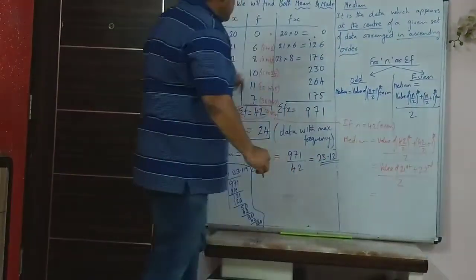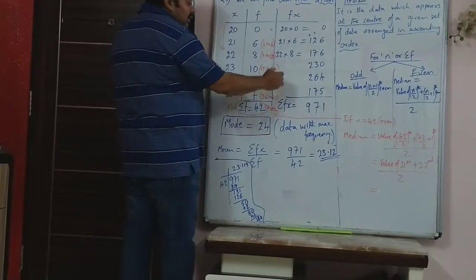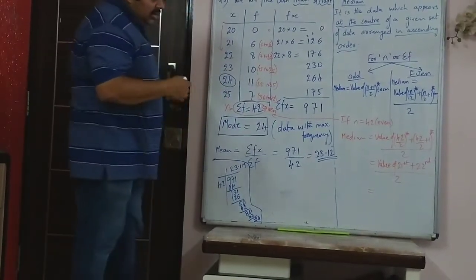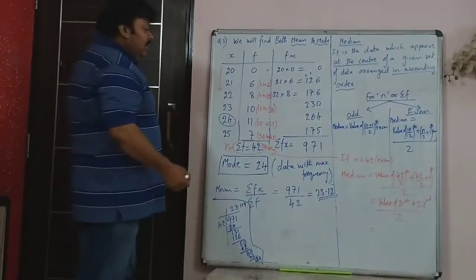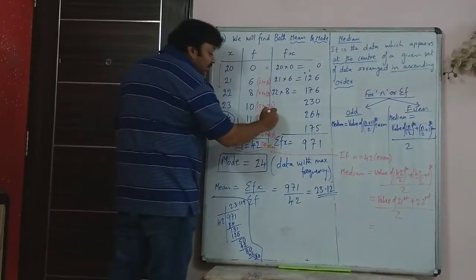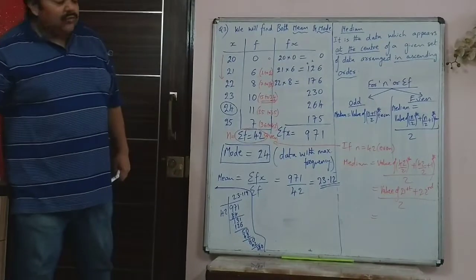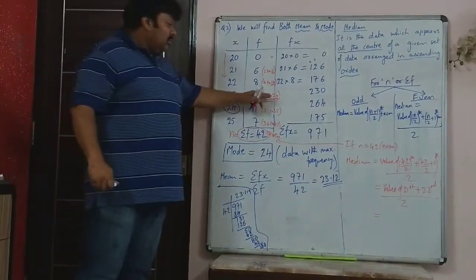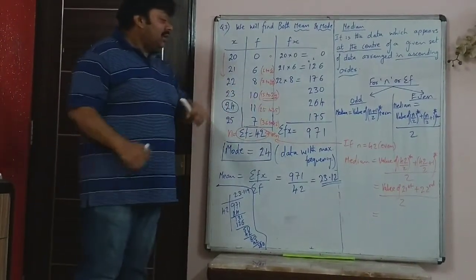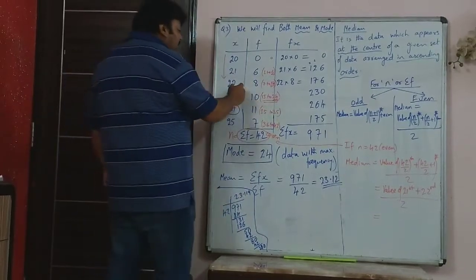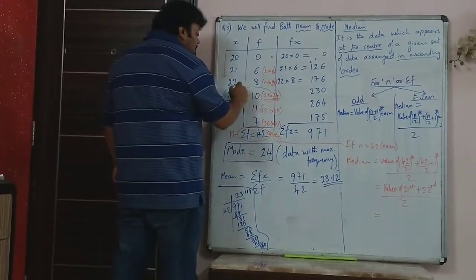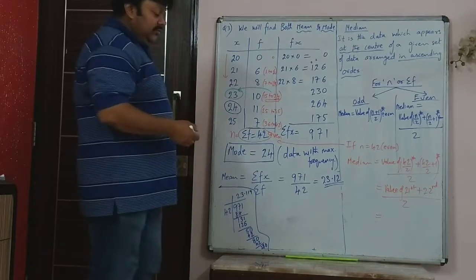Now when we wrote these serial numbers, what is the value of the 21st term? See, 21 and 22 both will lie in this group, 15 to 24. So the value of both the 21st and 22nd data will be in this group. So that data is 23.